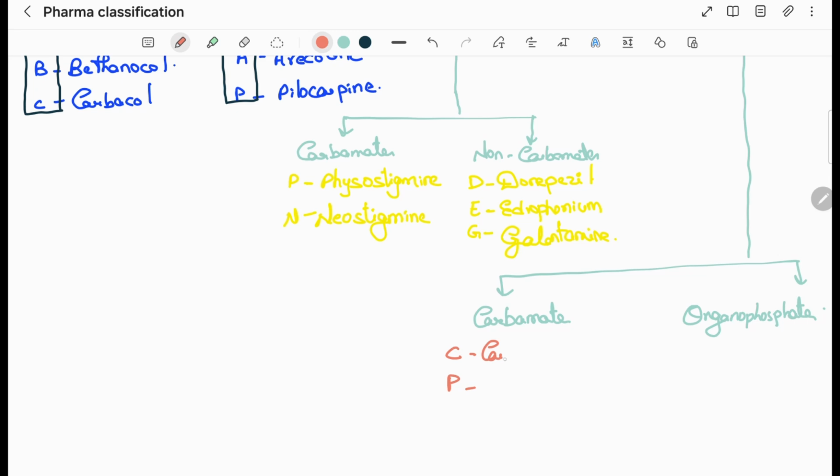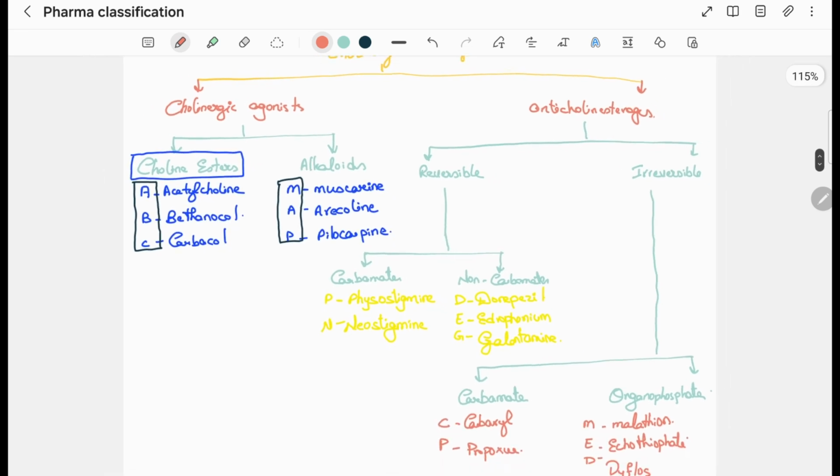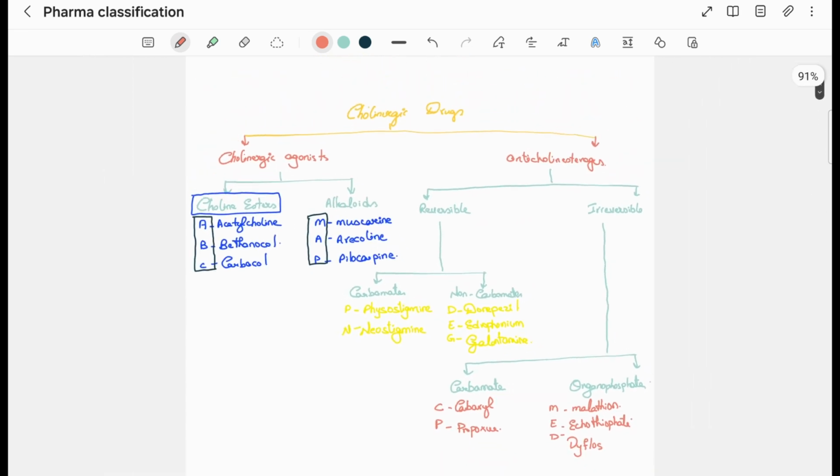C for carbaryl, and C for propoxur. And this is MED. M for malathion, E for echothiophate, and D for diflos. So this is the classification that one should remember for their cholinergic drugs. Okay, let's summarize this.